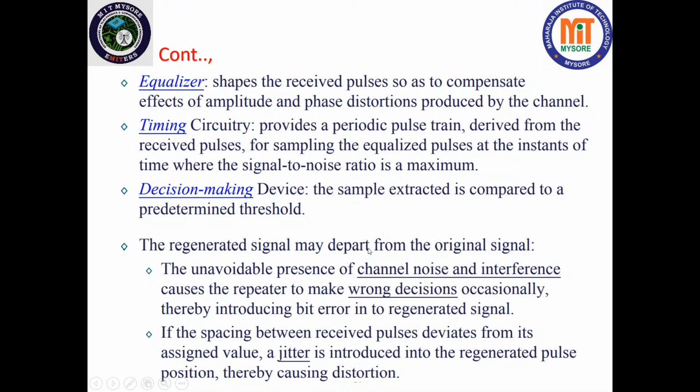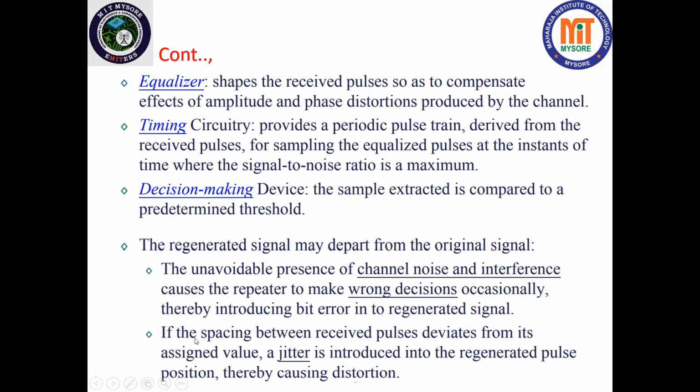That is, if it has to decide in favor of 1, but actually it decides in favor of symbol 0. Similarly, it might be wrong where it has to decide on 0, and it ends up deciding on bit 1. That is because of channel noise and interference.